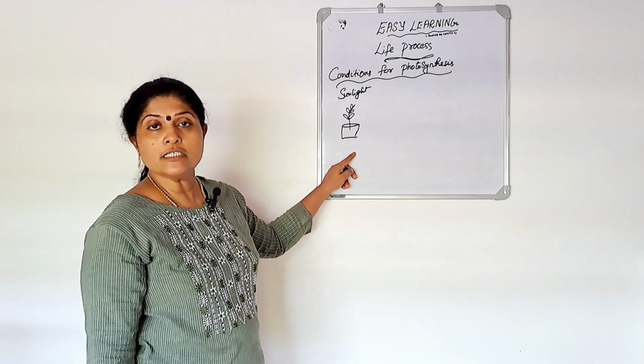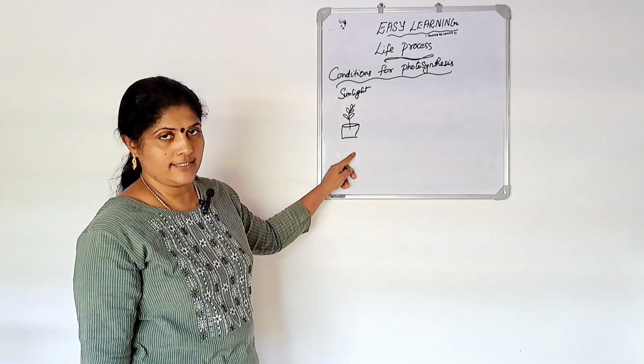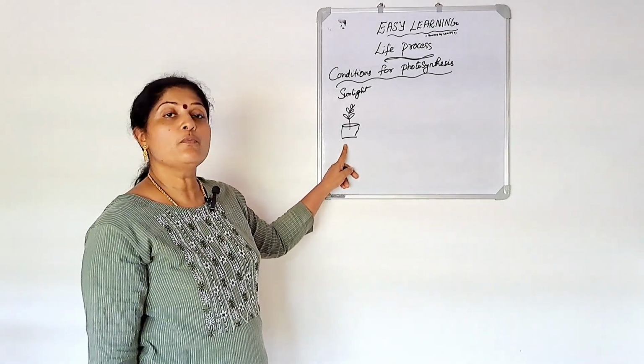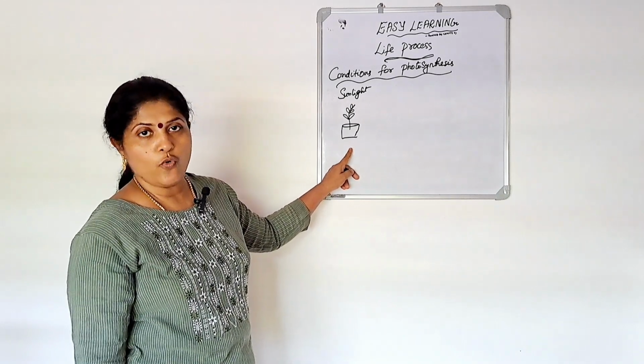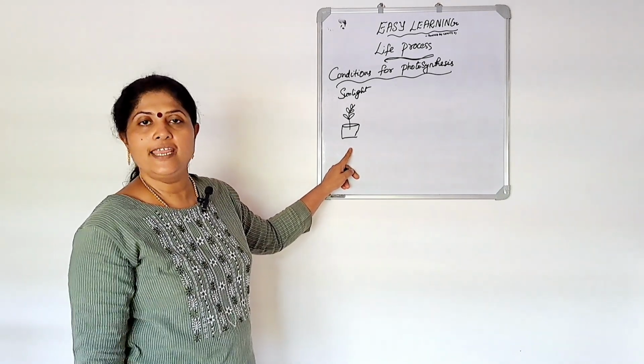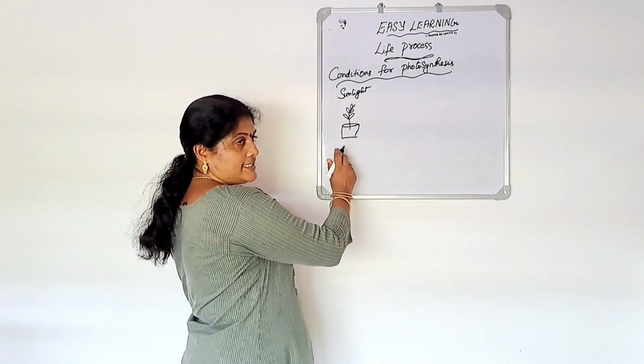Why? Because the starch will interfere in the experiment and we will not get the correct result. So we have to remove the starch already present in the plant. We keep it in a dark room for 3 days. After 3 days, we can tell that that particular plant is de-starched.